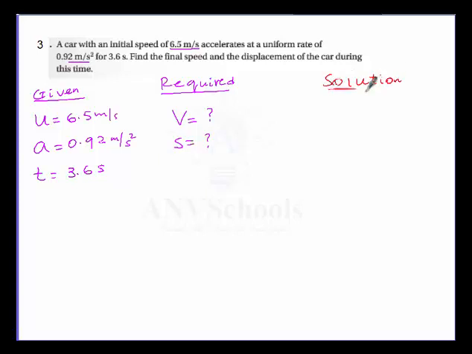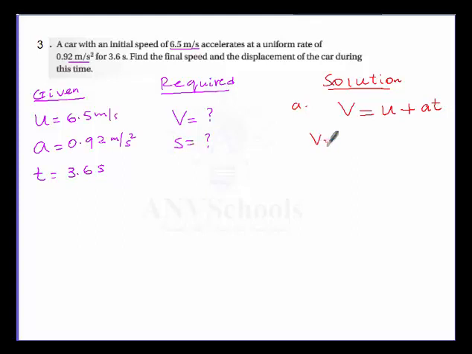We know that initial speed, acceleration and t are given, so we want to find v. We know that the final velocity is given by initial velocity plus acceleration multiplied by t. So initial speed is given, acceleration is given, t is given, so that we can find v easily.